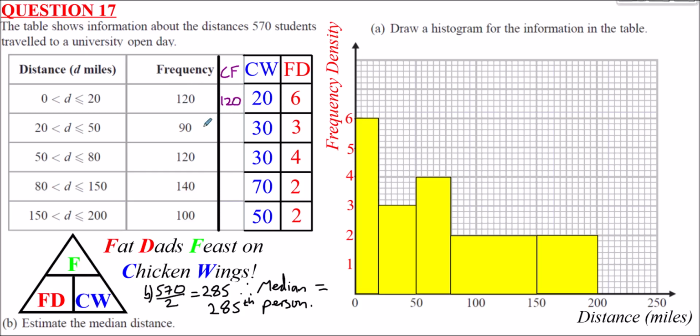To work out the next one, we do 120 plus 90, which is 210. Then 210 plus 120 gives us 330. So that's more now than 285. So we now know for definite that the median is in this category.